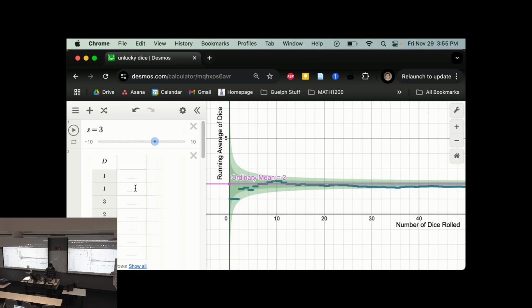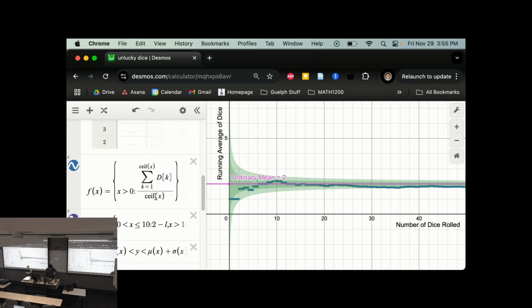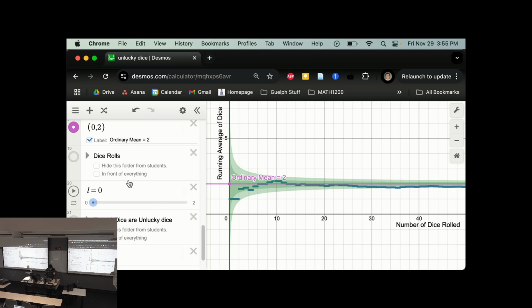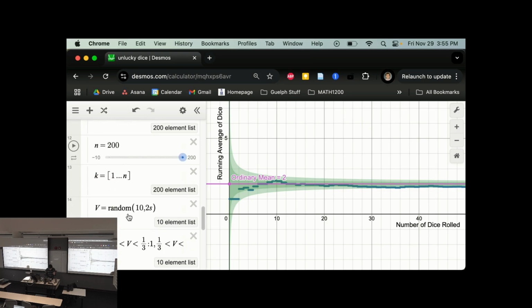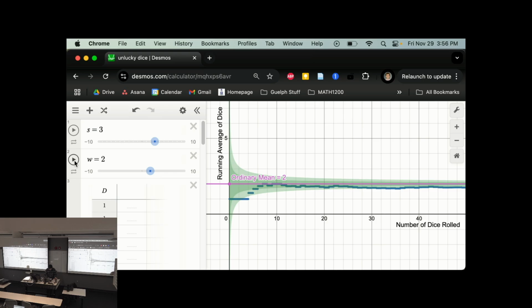Another way you can see that, let me make another slider here. Let's make a W. And I'm going to make the first 10 dice only depend on the W. So I'm only going to randomize the first 10 dice now and leave the rest as they are.